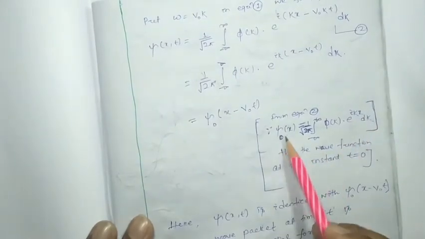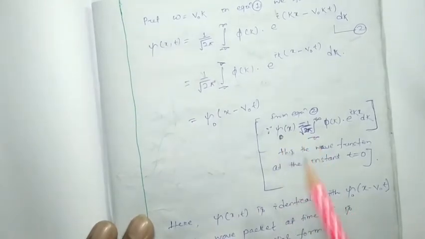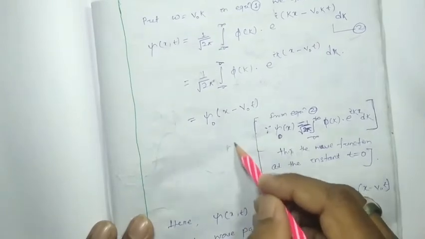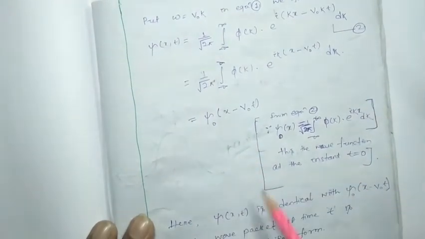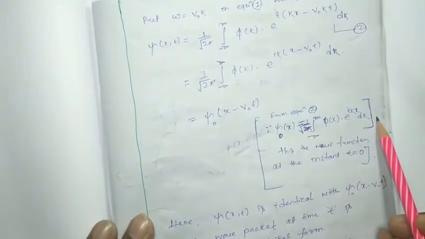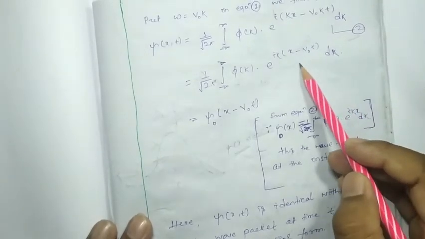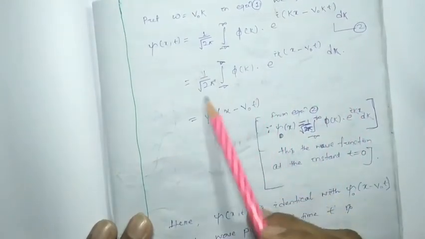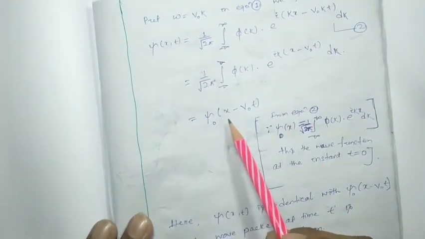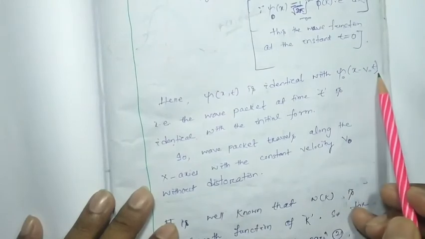So psi(x,0) is the integral of phi(k) e to the ikx dk. If we put x minus v0 t instead of x, we find this equation. Hence psi(x,t) is identical with psi0(x minus v0 t).